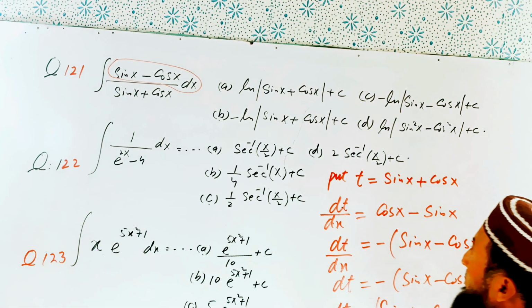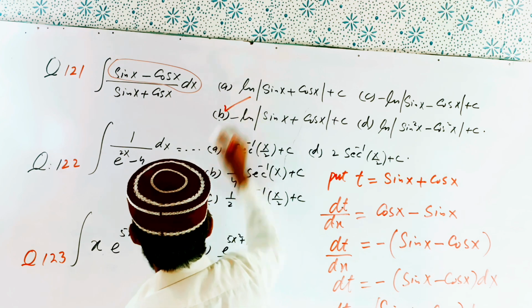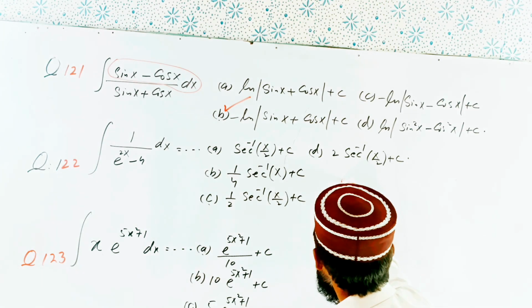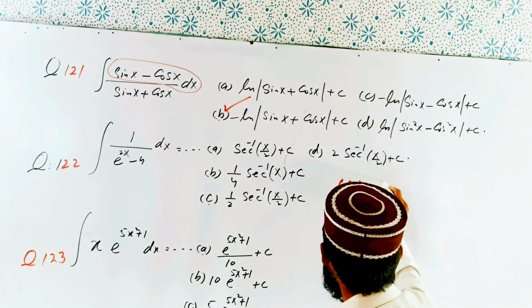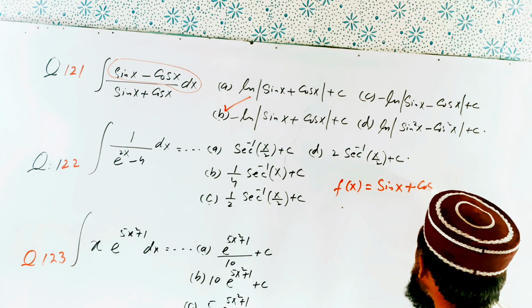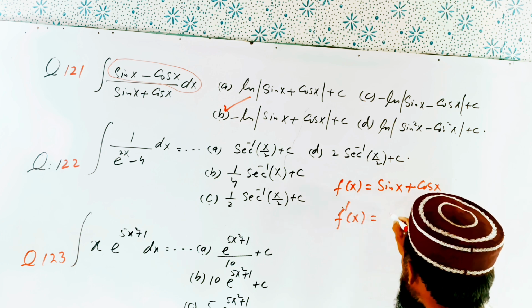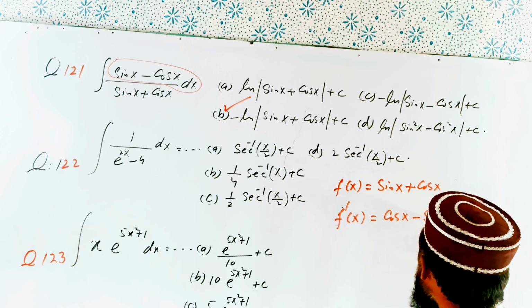Now we check the options. Option B is the correct option. Let f of x be equal to sin x plus cos x. If we find its derivative, we get cos x minus sin x.